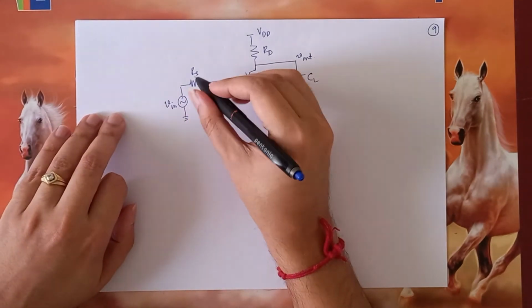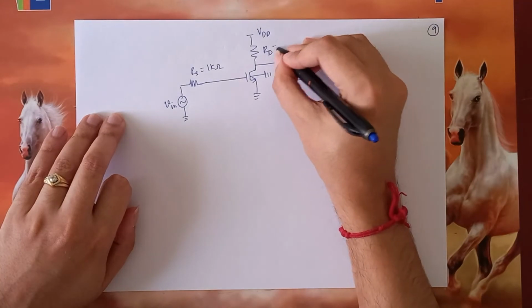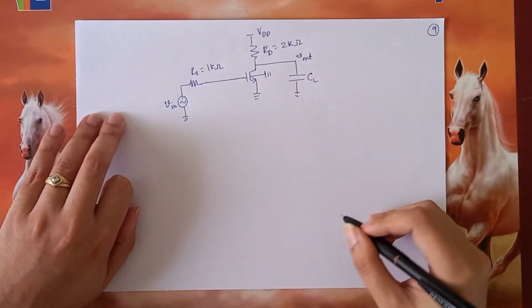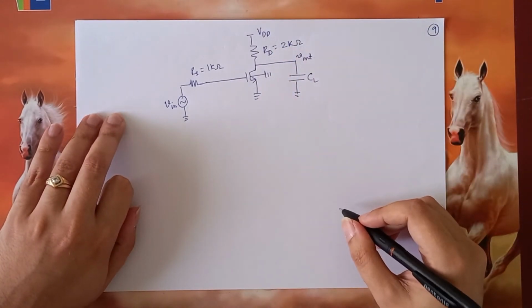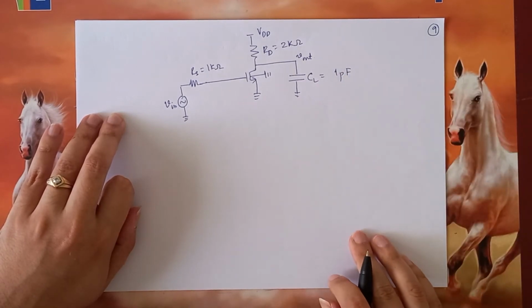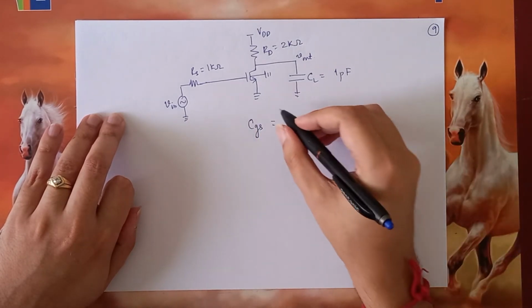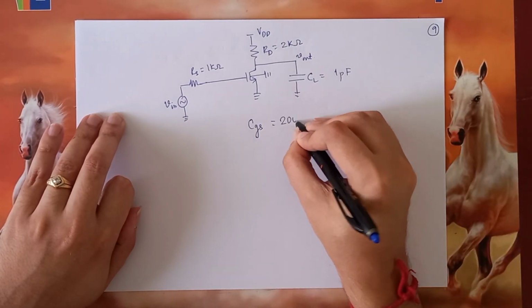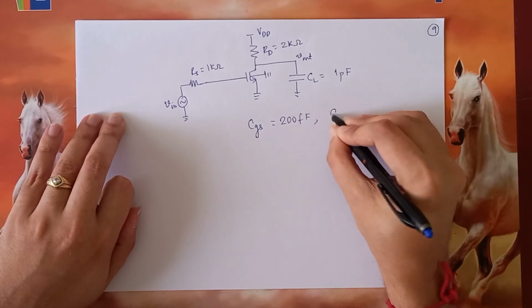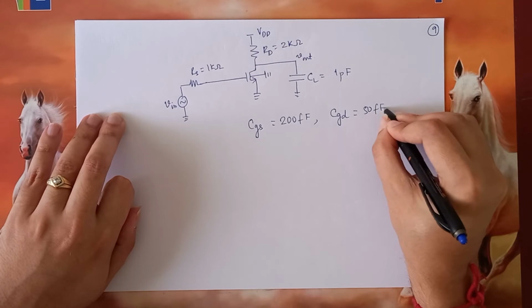Let us say this Rs is 1 kilo ohm, Rd is 2 kilo ohms, the load capacitor CL is 1 picofarad, CGS is 200 femtofarads, CGD is 50 femtofarads. These are given to you as part of the technology.